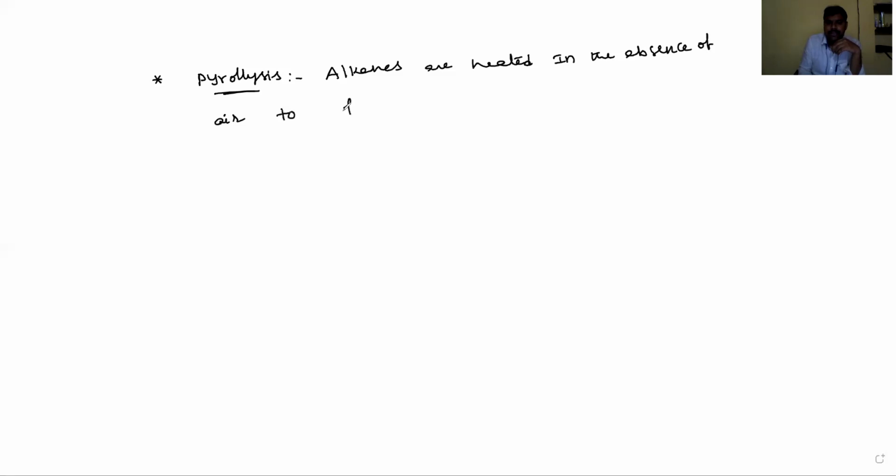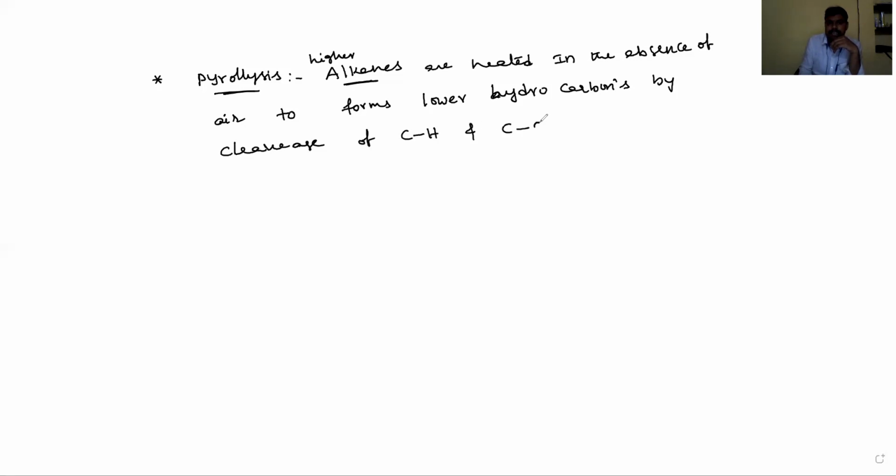Higher alkanes are heated in the absence of air to form lower alkanes or lower hydrocarbons by cleavage of CH and CC bonds.